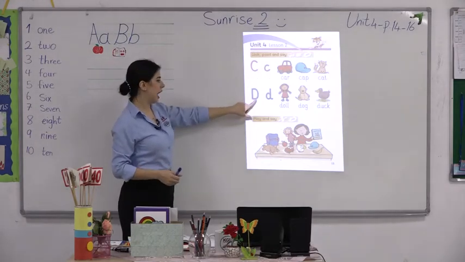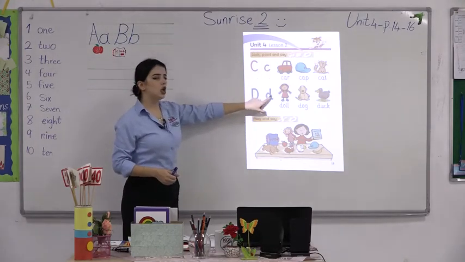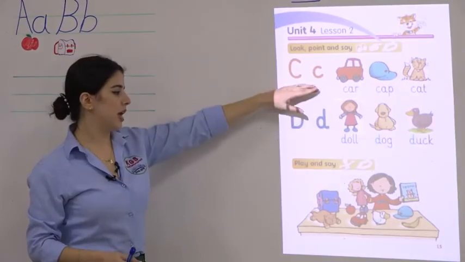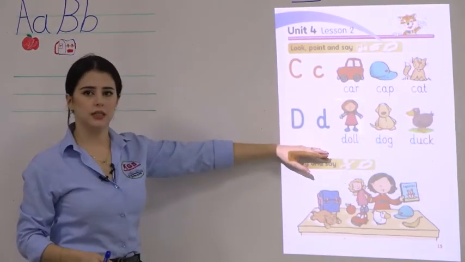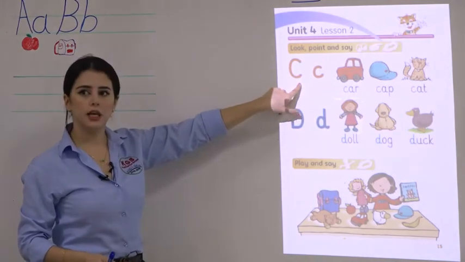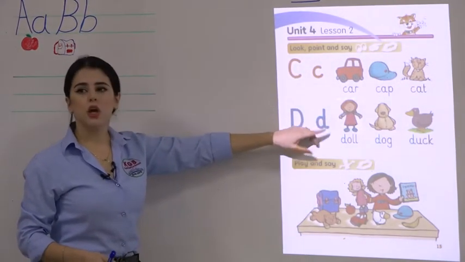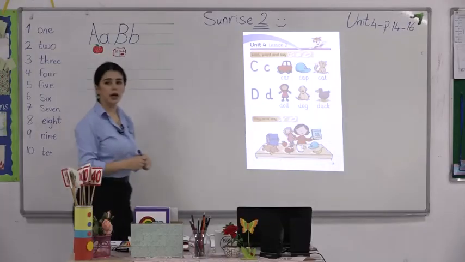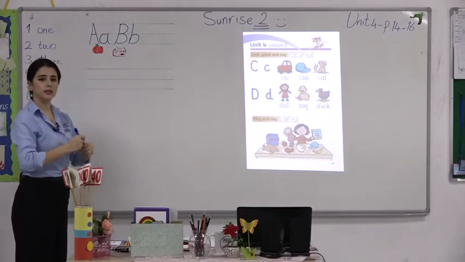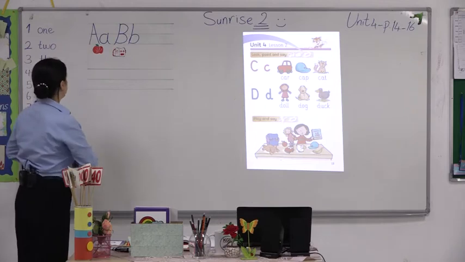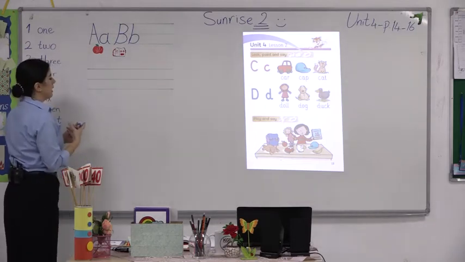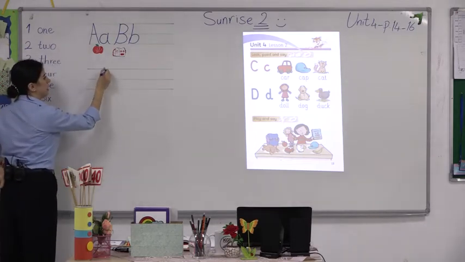And then we have capital D, lowercase d. So we have 2 letters here. Capital C, lowercase c. Capital D, lowercase d. Look at my hand and see how I write them. Capital C, we write it like this.